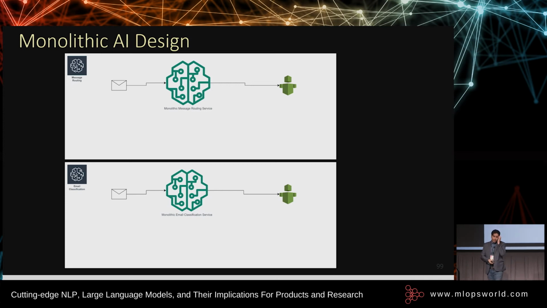So traditionally, what happens, you have some input. Sorry, the text is perhaps a little bit too small, but these are just two different models. On top, you have your message routing system. Messages, natural language messages, and at the bottom you have your email classification. They're related, but you can have machine translation tasks, a lot of other NLP tasks, right? Previously, and a lot of times even today, the designs have been monolithic.